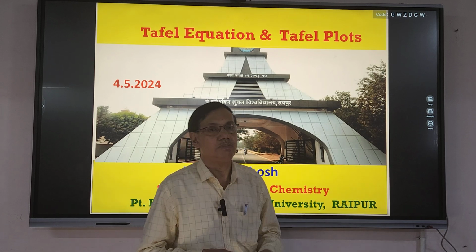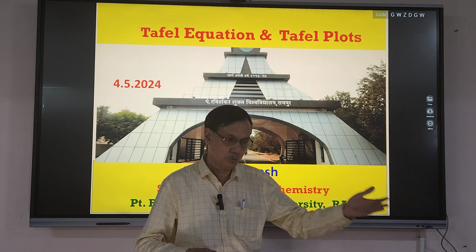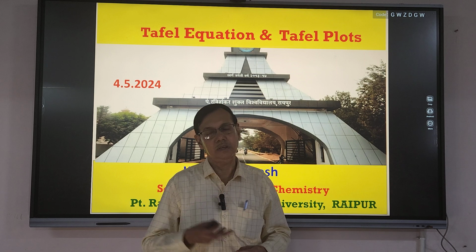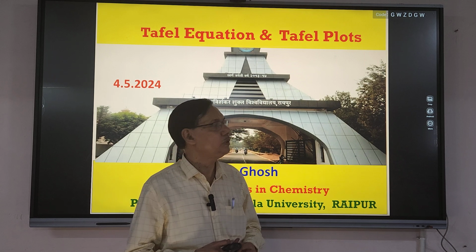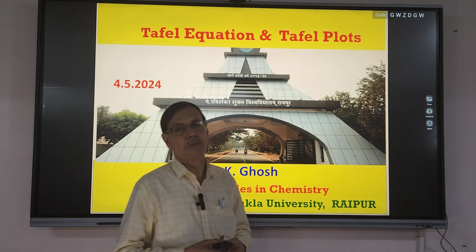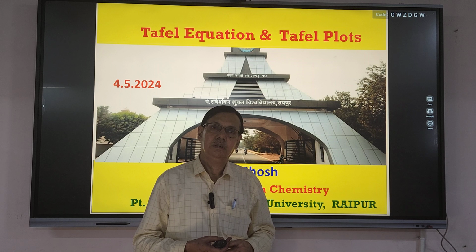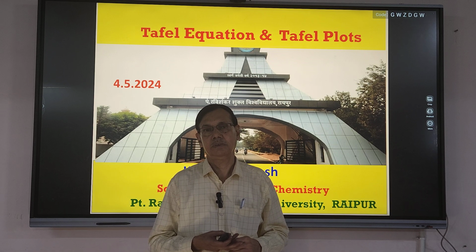Now this is my system, that whenever I start any lecture related to chemical kinetics or even other topics, I always suggest my students to refer to some good books as well as some research papers.